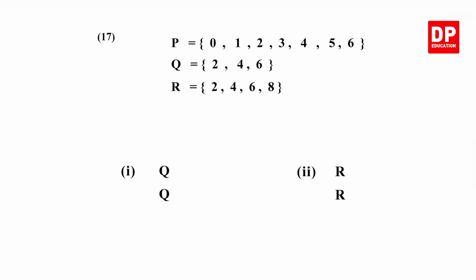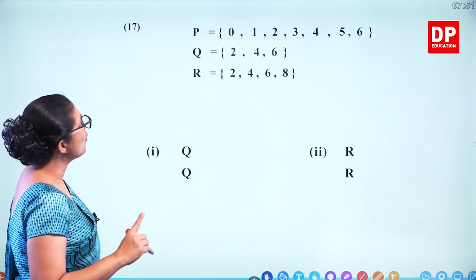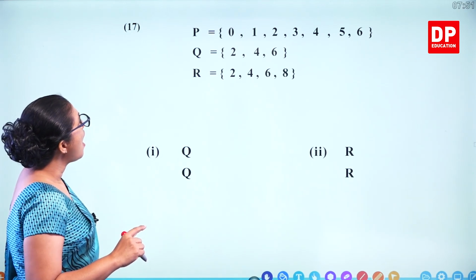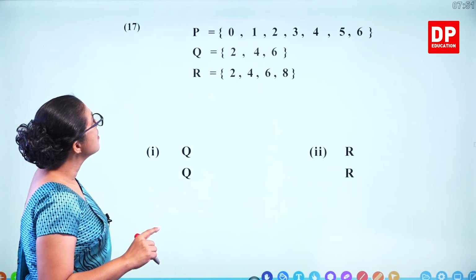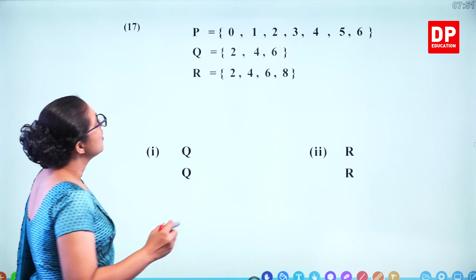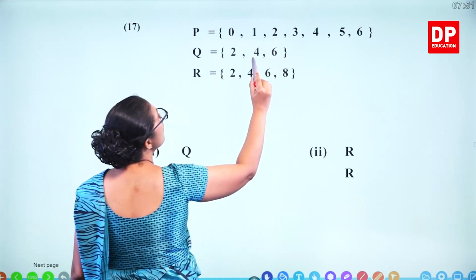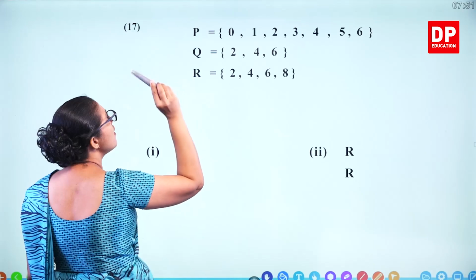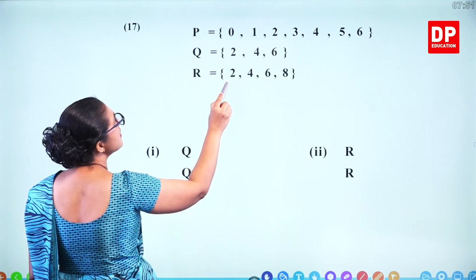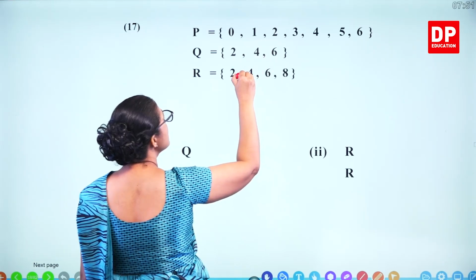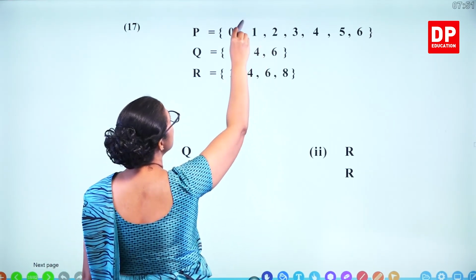Look at these three. So what is Q? 2, 4, 6. And R? 2, 4, 6, 8. Look at P. 2 is there, 4 is there, 6 is there. So all the elements in Q are in P. Look at these two. We can say all the elements here are also inside, but not there.